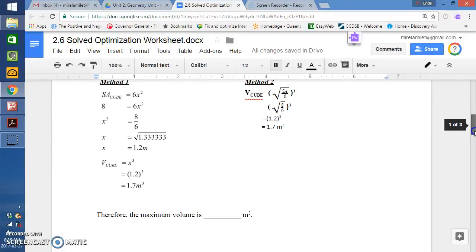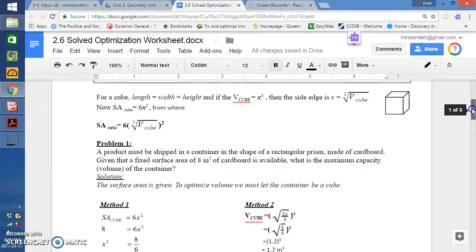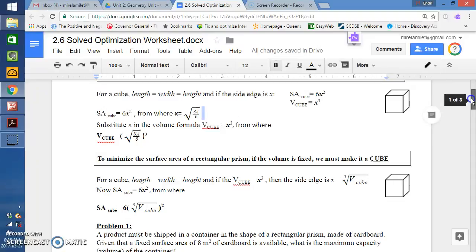Let me put this on the screen here. And there we go, we have the maximum volume of the rectangular prism when the surface area is given to us. Now, since we already observed how the formula will look like when the surface area is given to us, we can use this formula directly, right?